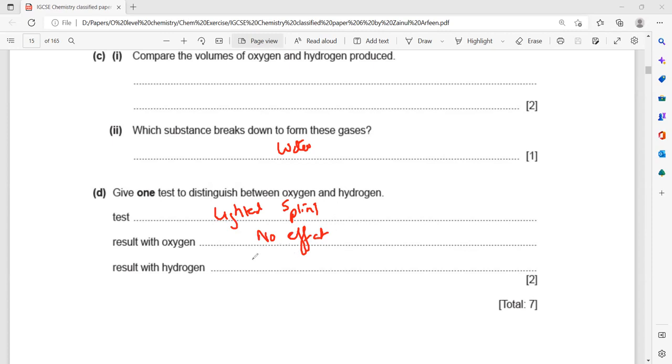With hydrogen, it will pop. In practical, the lighted splint will give more light with oxygen, because oxygen supports burning or combustion, but no effect is acceptable. So you can mention any one of the tests for these two.